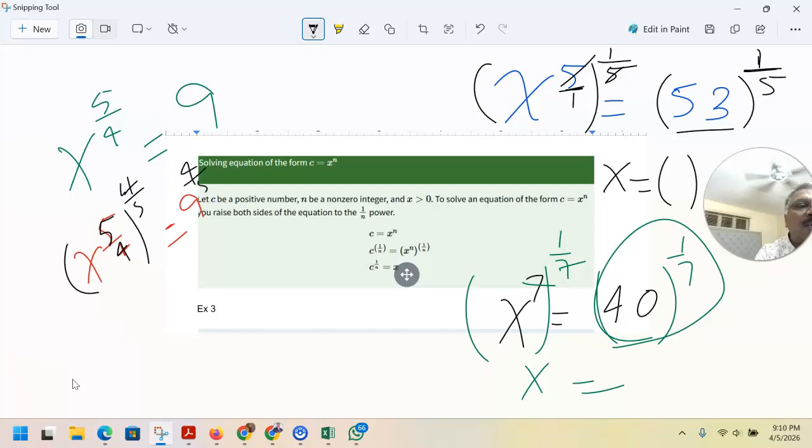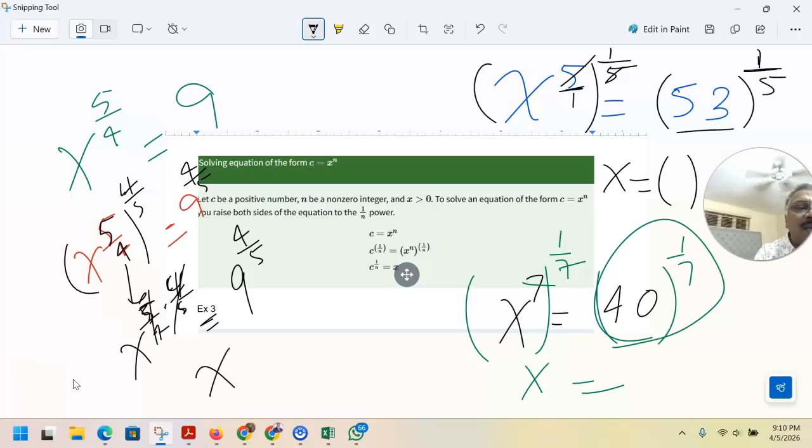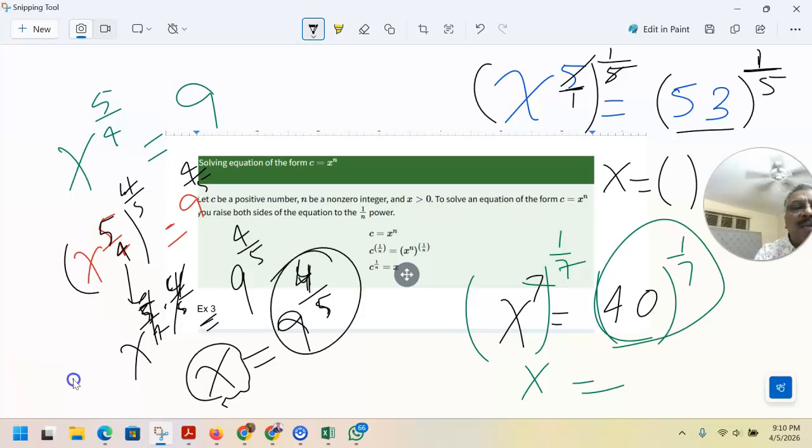So this changes to x raised to 5 over 4, all raised to 4 over 5, and this is 9 raised to 4 over 5. Now 5 over 4 and 4 over 5 cancel each other, and you get x. The goal is to isolate x, to just get an x. Now this piece, 9 raised to 4 fifths, we can easily find with the calculator.